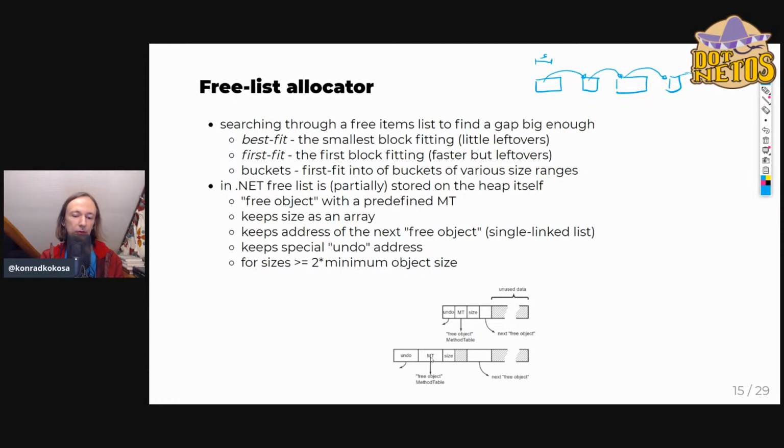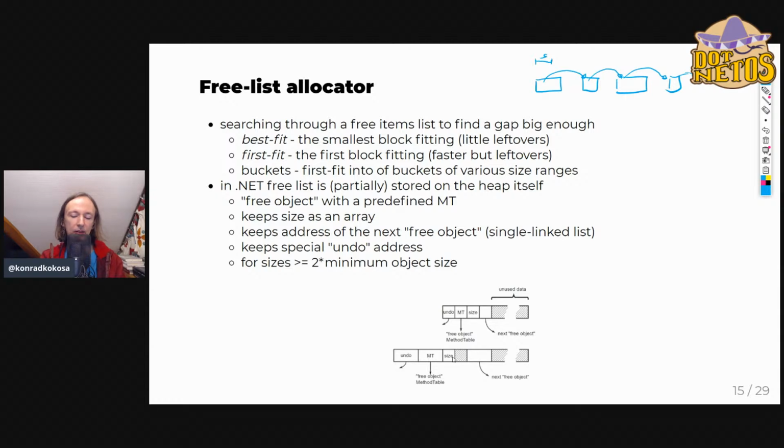The method table pointer is there, pointing to a special, hard-coded free object method table saying, okay, this is a gap, this is a free object. You will see various tools showing that, including WinDBG, for example, as a free object. It is just able to understand that this particular method table pointer is a free object.